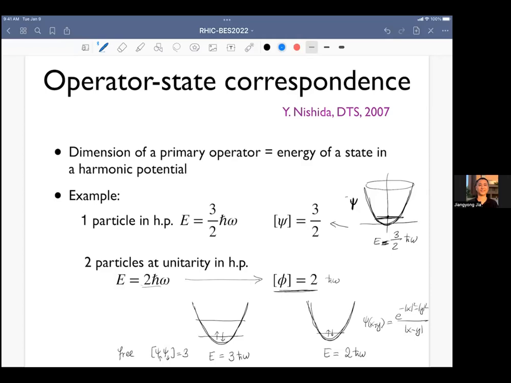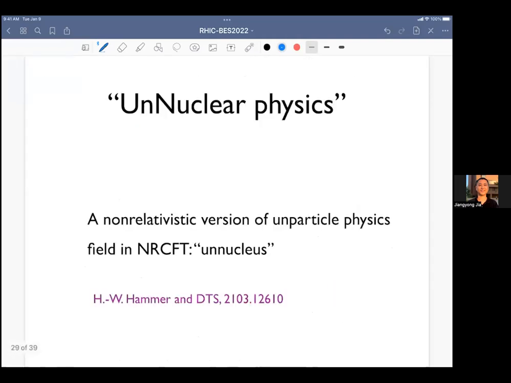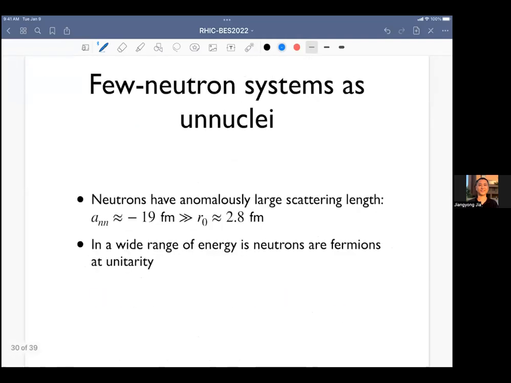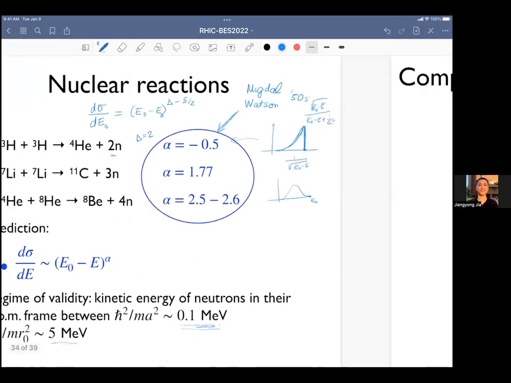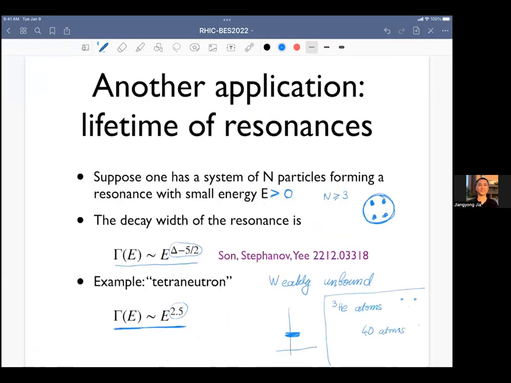You mentioned the tetraneutron in the end. You have a prediction on the decay width. There's a Nature article recently, measured in June this year, where they show the resonance peak.